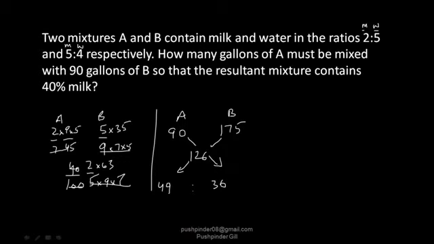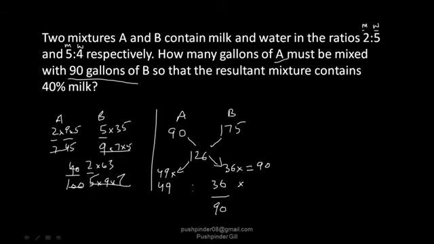49:36. Now he has already given me how many gallons of A must be mixed with 90 gallons of B. That means B is 90 gallons. If they are in that ratio, A is 49x and B is 36x. Now I already know that 36x is equal to 90 gallons.